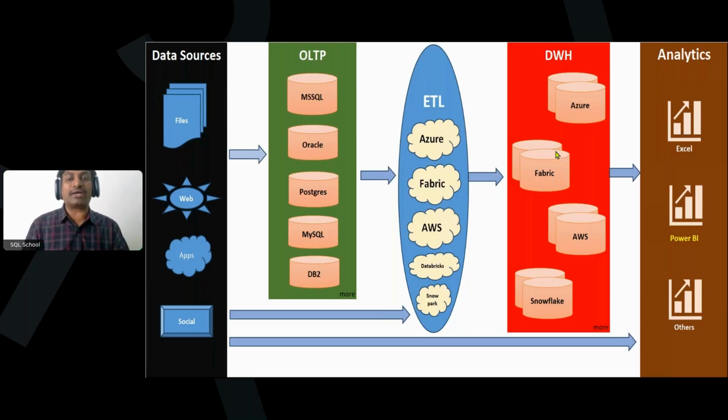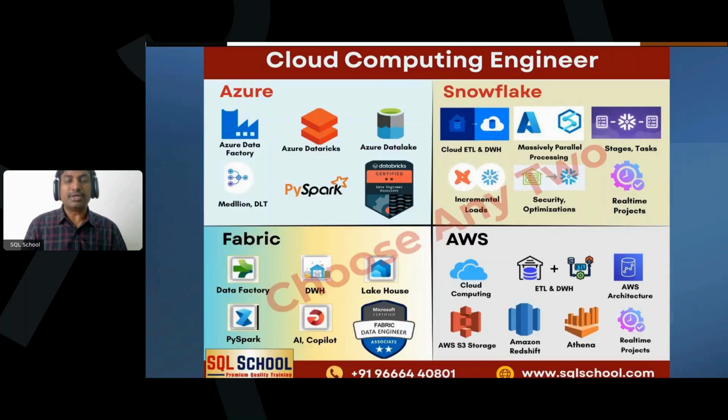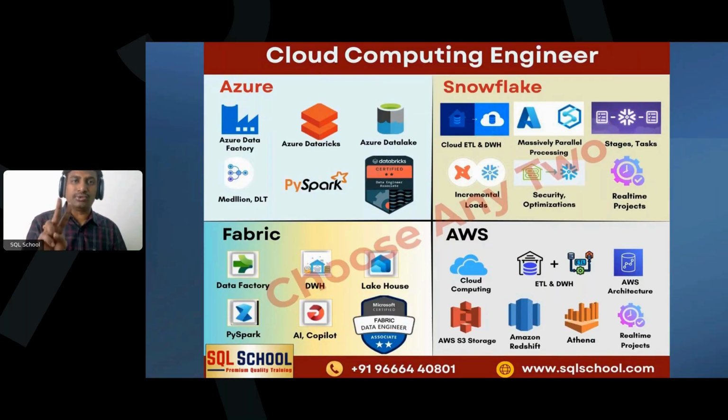For warehouse, Snowflake or Azure or AWS Redshift may be best. It depends on the combo. So good to have at least two data engineer stack items for experience profiles. For freshers, yes, ultimately one is enough. Anyone equally doing good in the market.